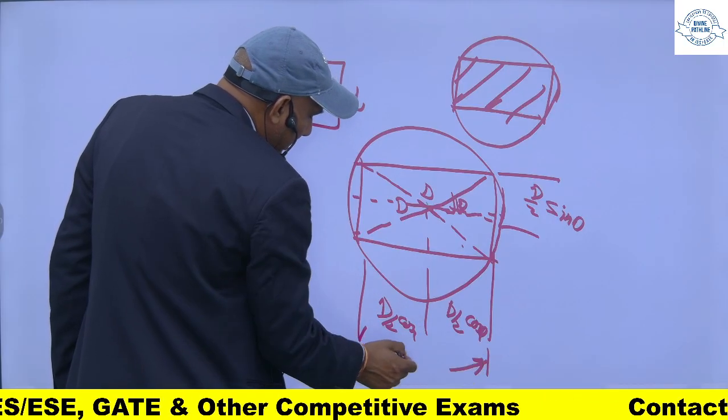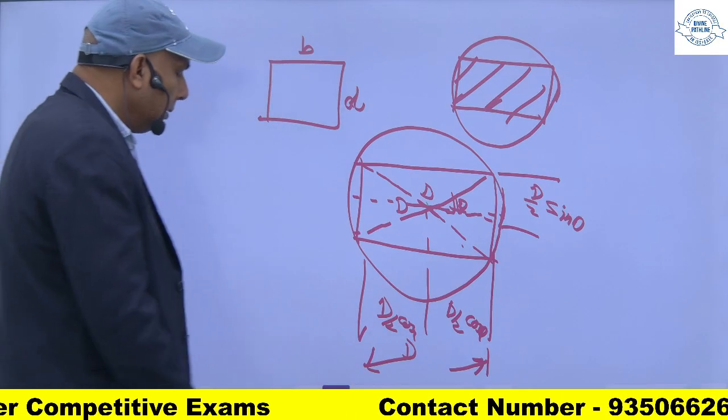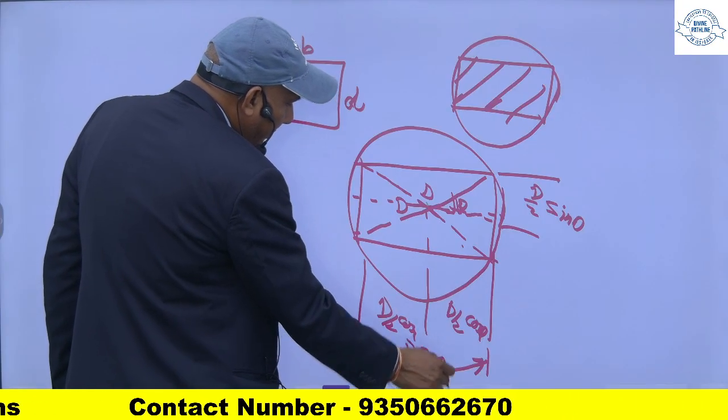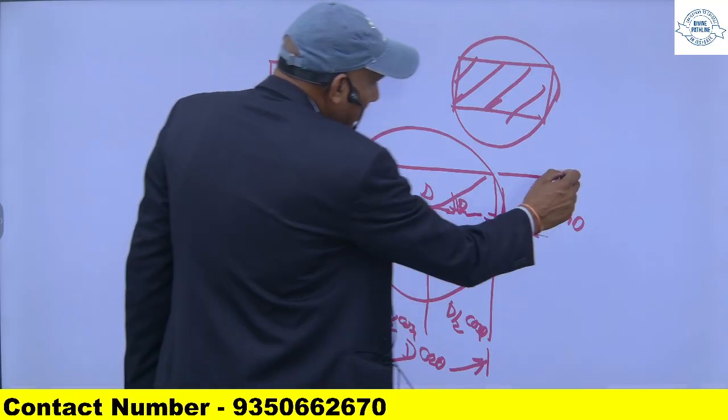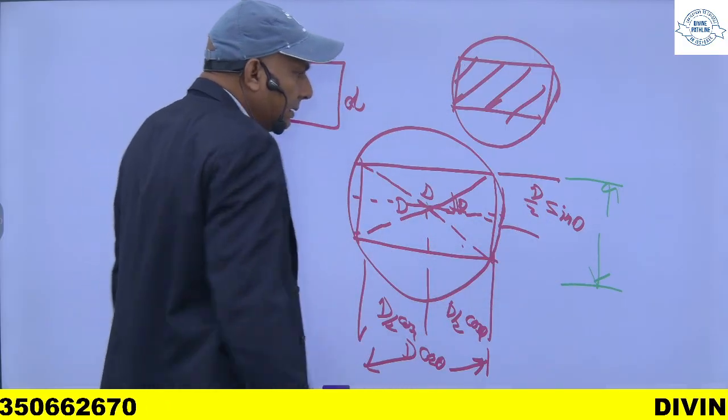So its total is D by 2 cos theta into 2, which is D cos theta, and this will be 2 times D by 2 sin theta, meaning D sin theta.